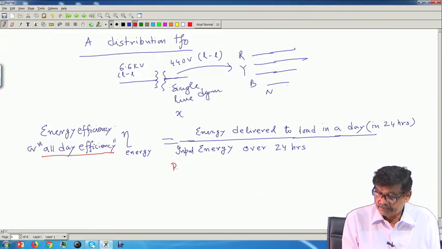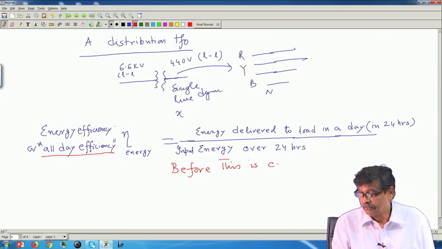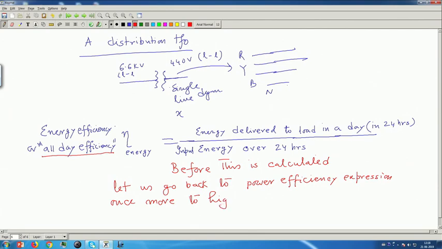Before I discuss this topic, let us go back to the power efficiency expression once more to highlight another point, another interesting point.